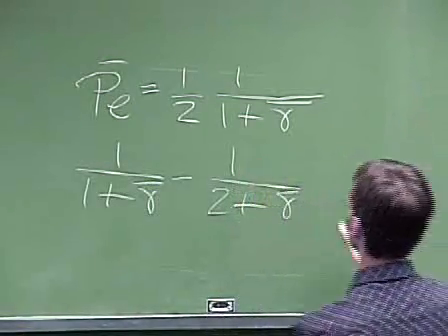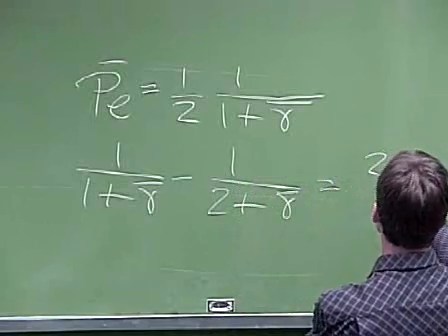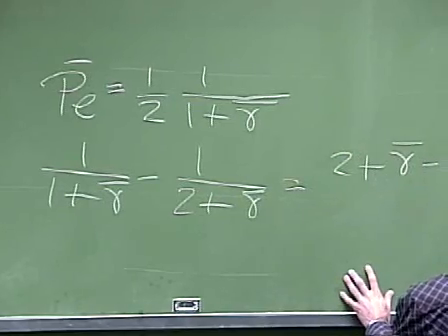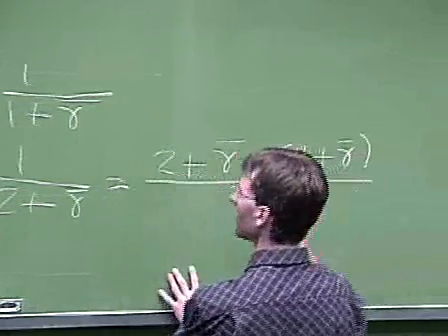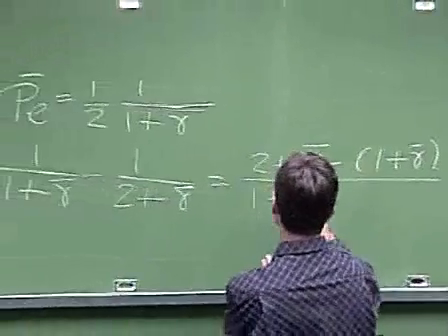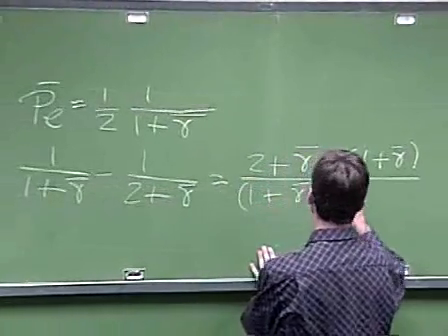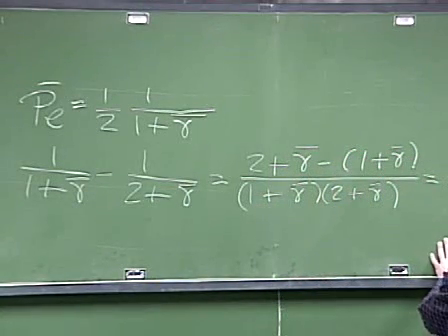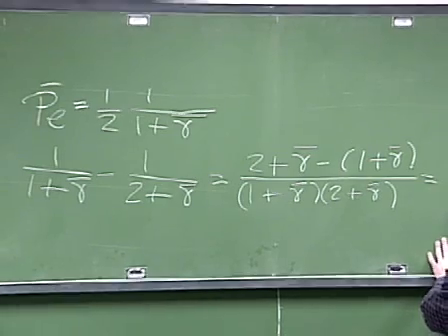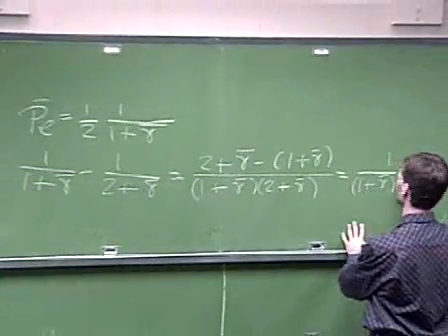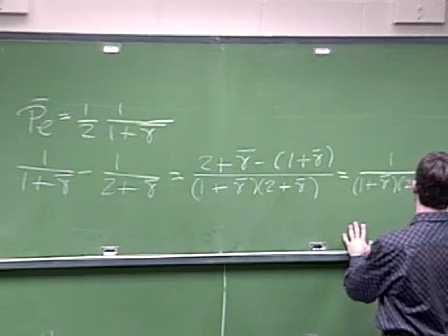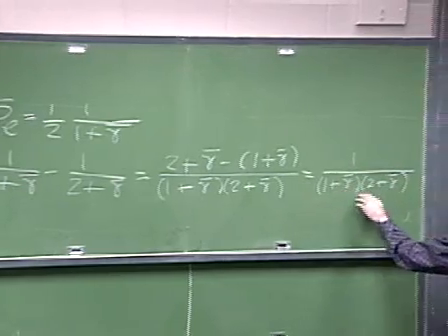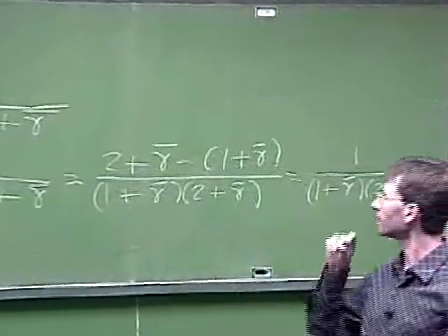And we can simplify this. Let me see. This is 2 plus gamma bar minus 1 plus gamma bar, divided by 1 plus gamma bar times 2 plus gamma bar. And everything cancels out. Okay, so if I didn't make any mistakes, I think that's what comes out. It's 1 over 1 plus gamma bar times 2 plus gamma bar for 2 antennas, right?